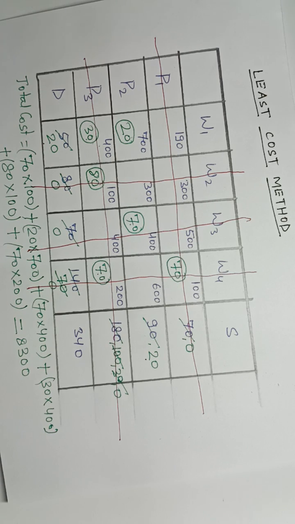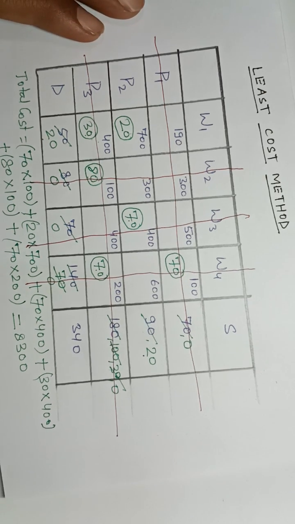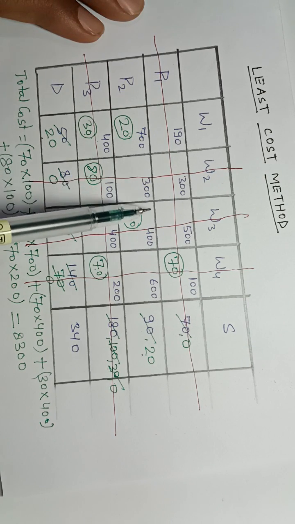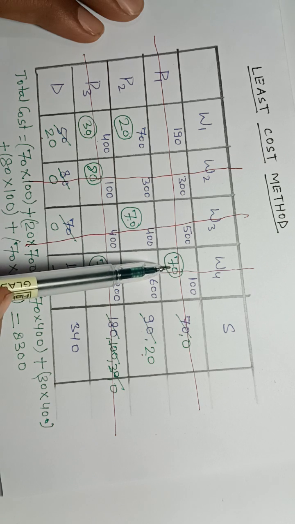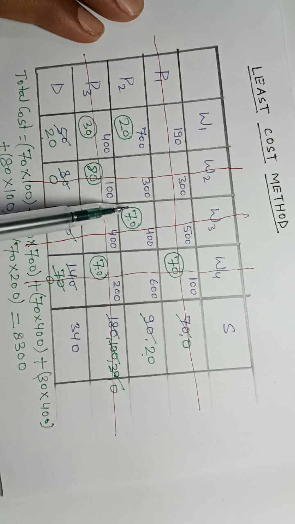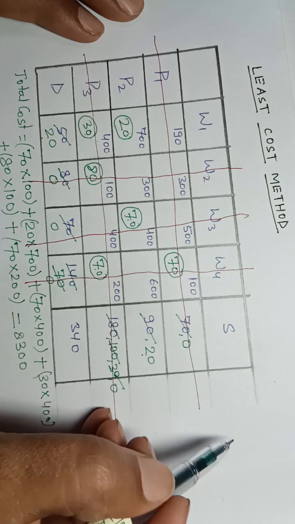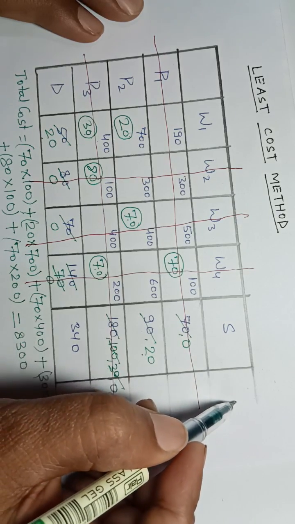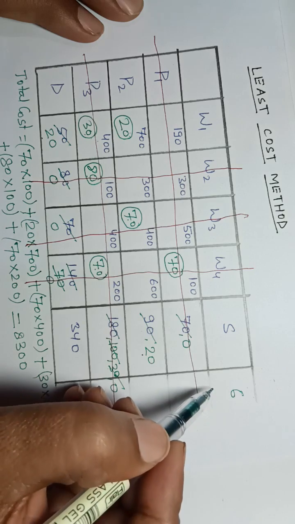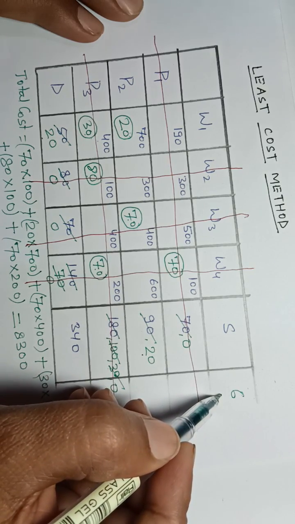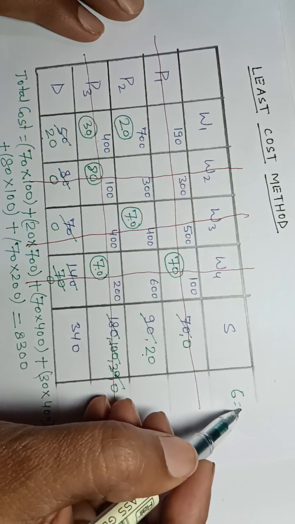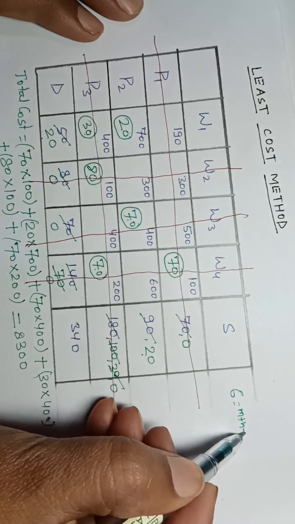Now we will check whether this solution is feasible, that is, whether we have got an initial basic feasible solution. For that we do a short check: we find the total allocated cells. The total number of allocated cells is 1, 2, 3, 4, 5, 6, so 6, and this should be equal to m plus n minus 1.